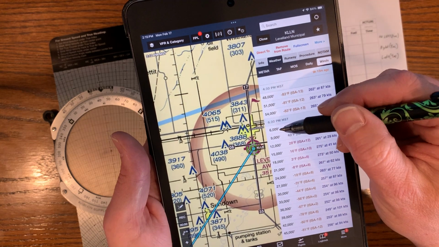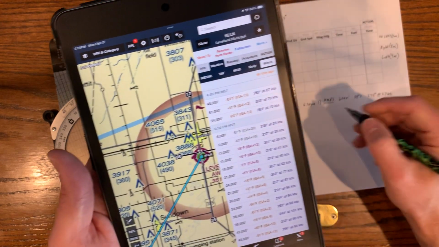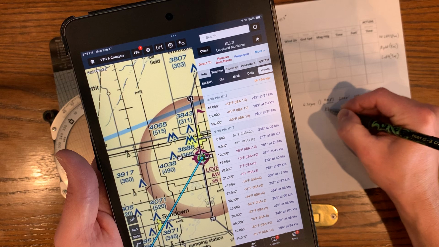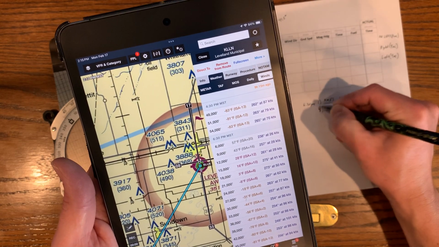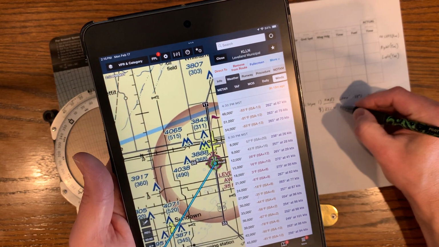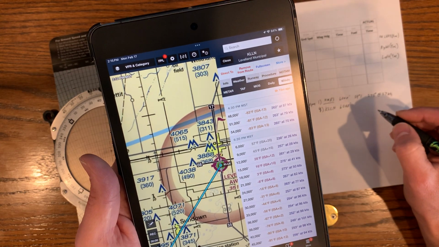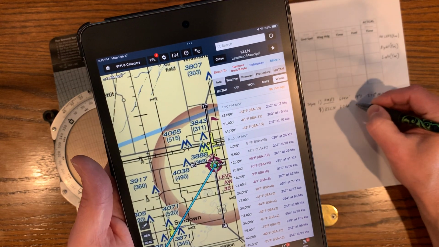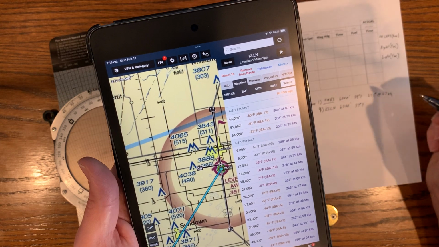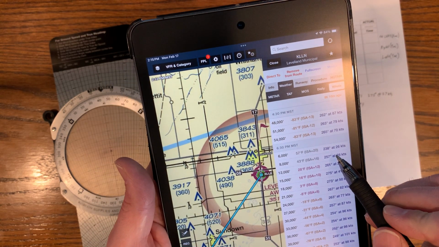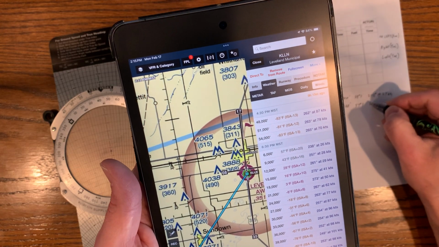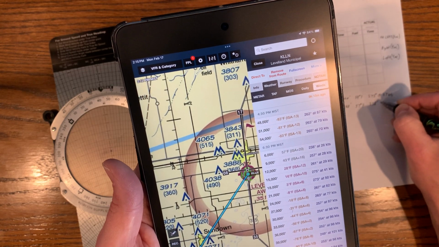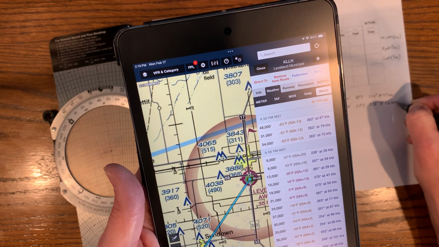Okay, 6,000 feet. KLLN, 6,000 feet. That's 57 degrees Fahrenheit. The wind is forecasted to be 238 degrees at 26 knots.